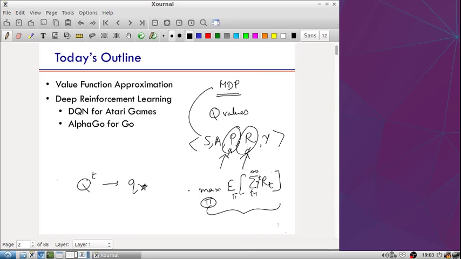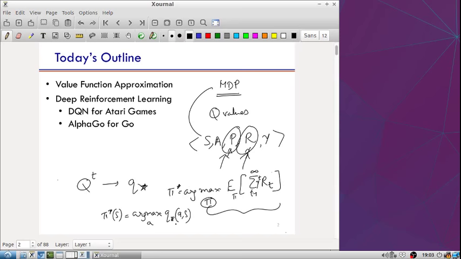Let's say pi star of S is the argmax over A of Q star of S comma A. So if I knew this matrix, then I know what the best policy is.